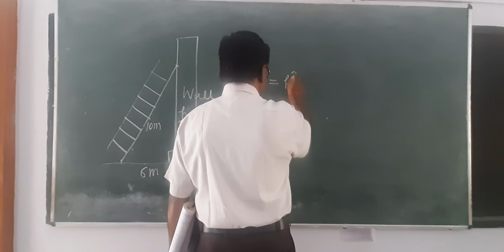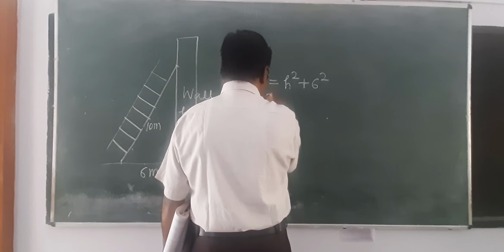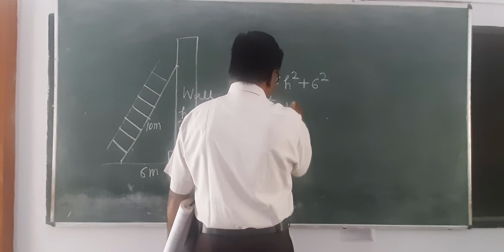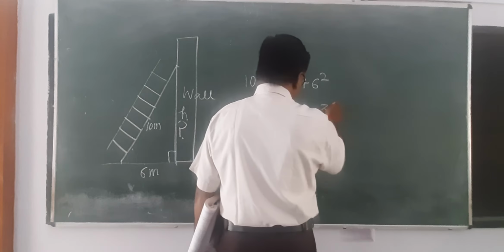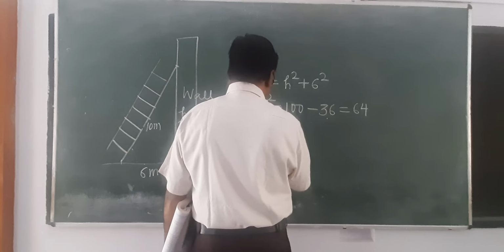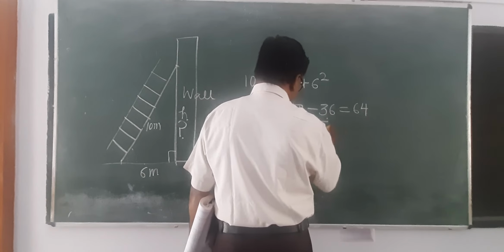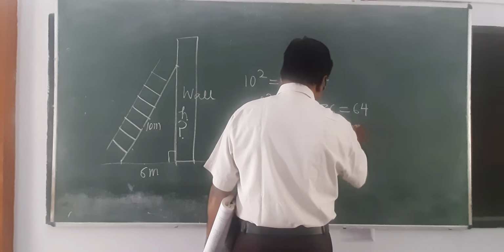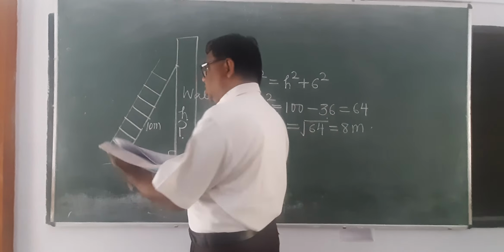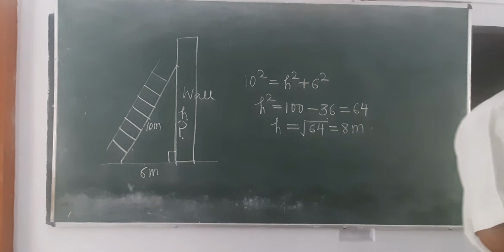You note down that h square equals 100 minus 64. Therefore, h equals 8. Next page. Now you note down.